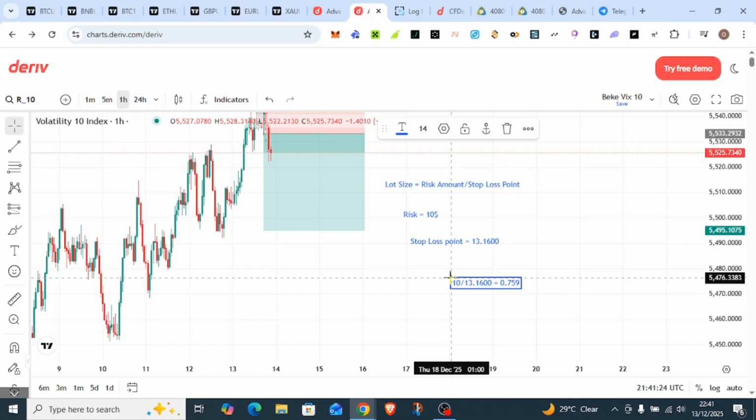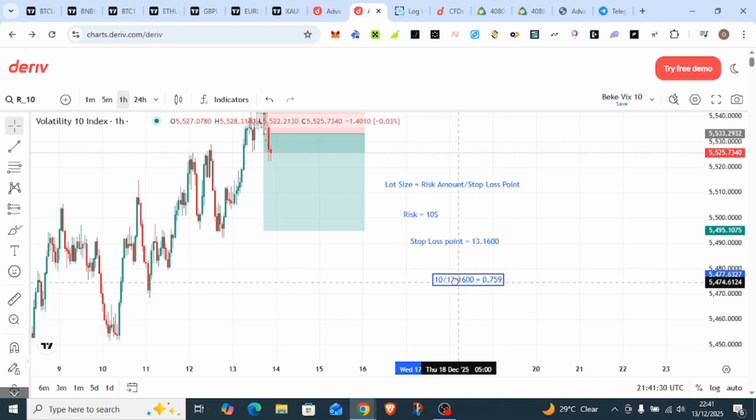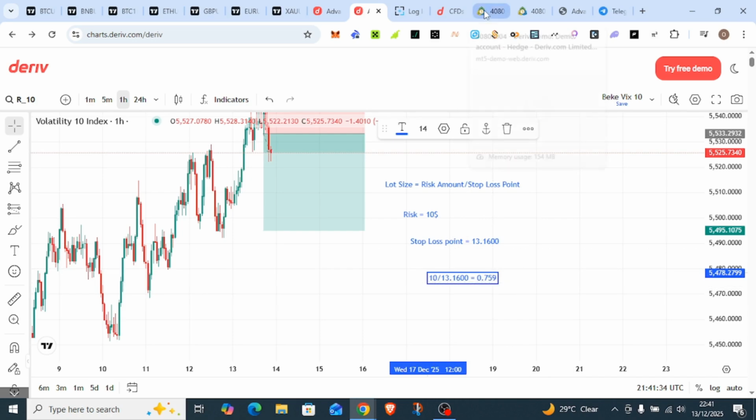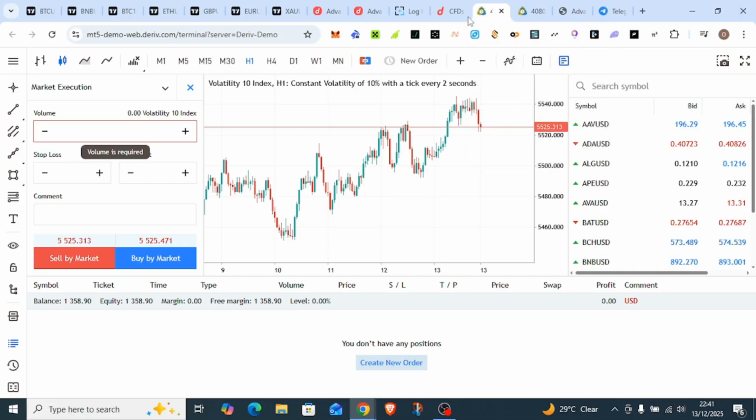So this is what we have, 0.759, such that if you place the trade here, we are going to enter 0.759.